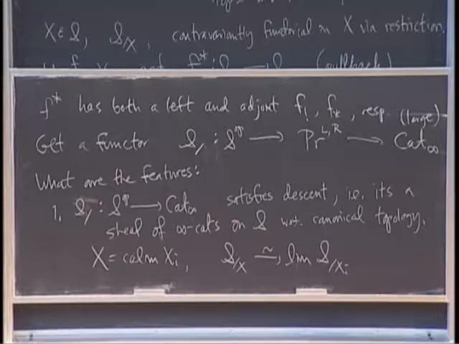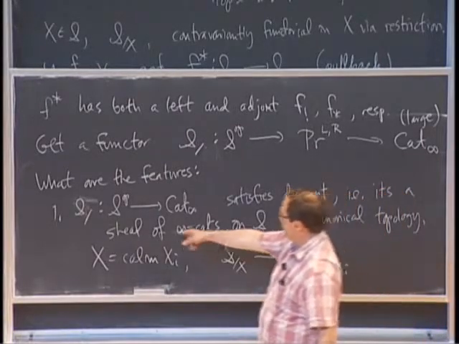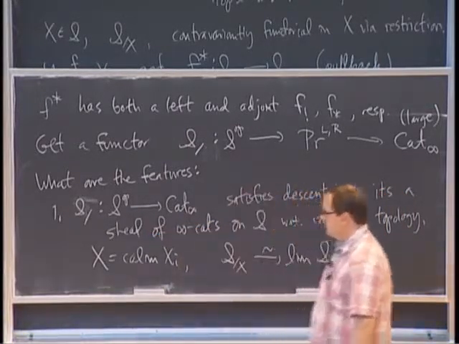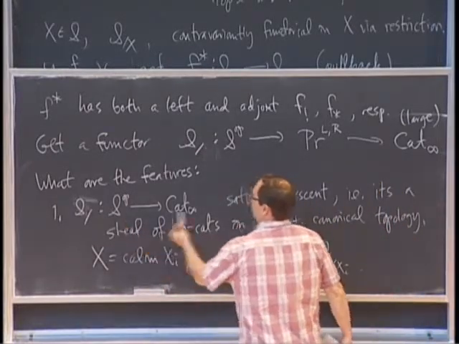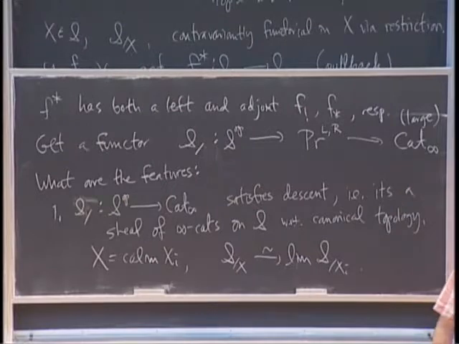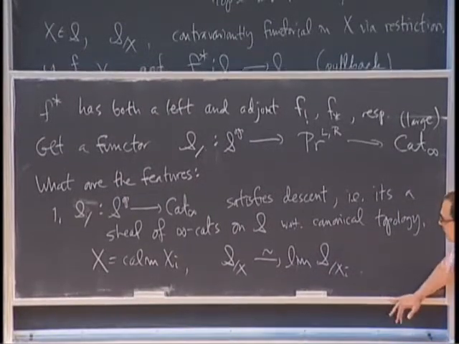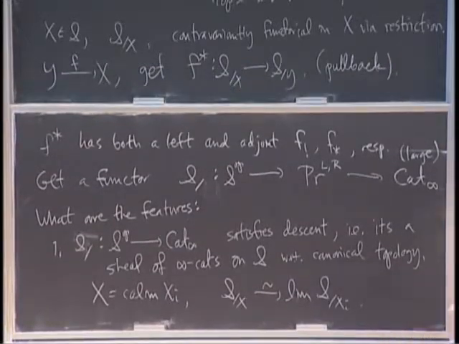So that means it's a sheaf. It satisfies the sheaf condition. It's a sheaf of infinity categories. This might be an example of what you might call, perhaps, an infinity two topos, although I've never thought much about what that really would amount to.